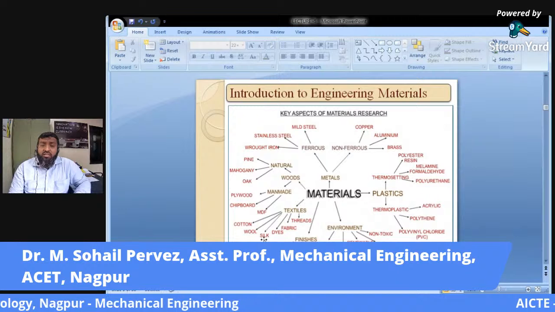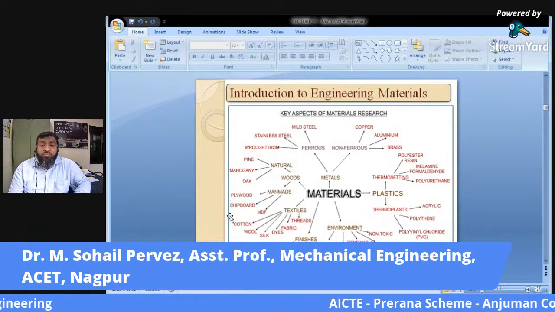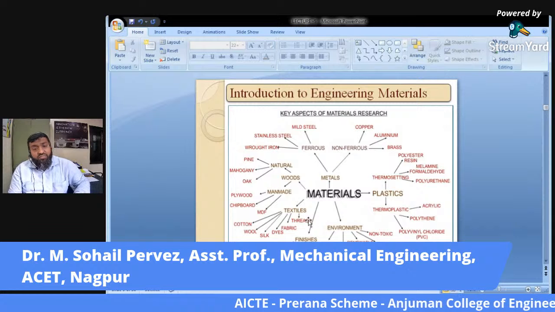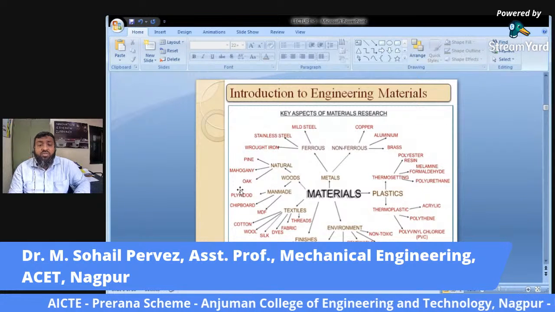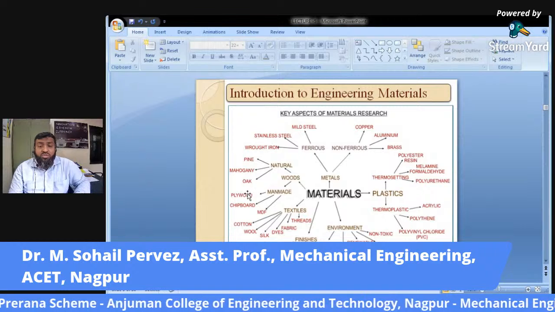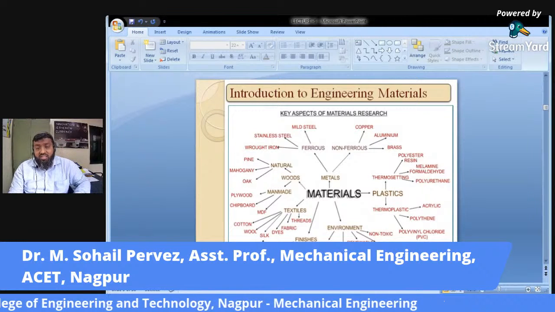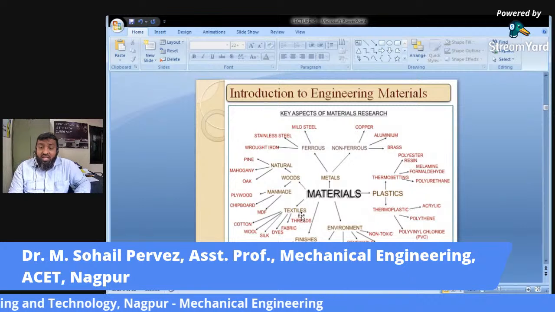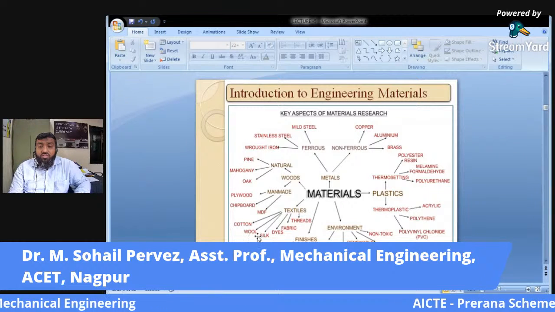Oak trees are again. Then man-made: plywood, chipboard, MDF. We are all using these in our furniture day to day. Even though the life is not so good, the appearance is quite appreciable. That's why we use them. Then again non-metal textiles: cotton, wool, silk.